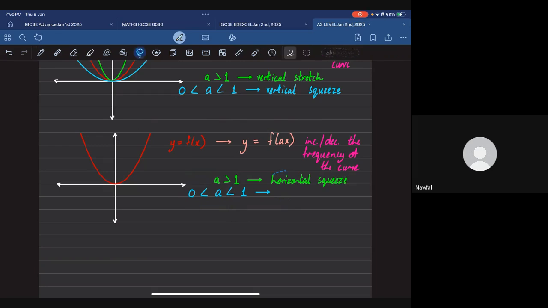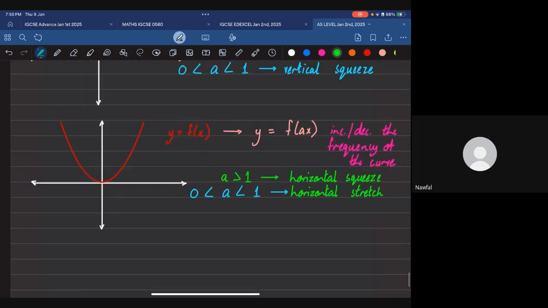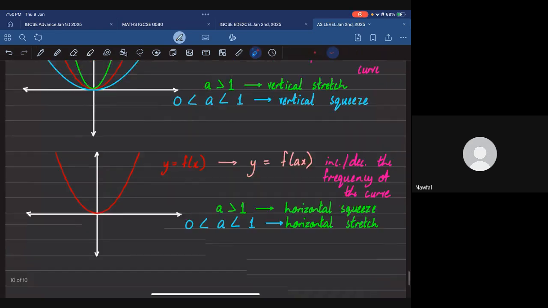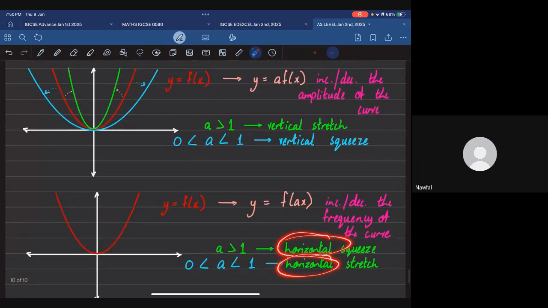And if a is between 1 and 0, less than 1, that means it's a horizontal stretch, almost like the opposite thing that's happened. It's going to behave the same way, but we're going to look at it from a different perspective, a horizontal perspective.